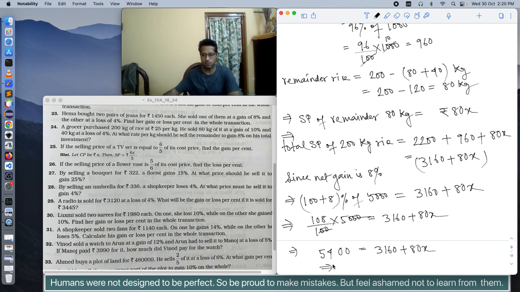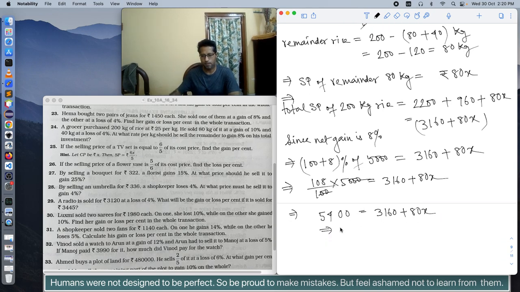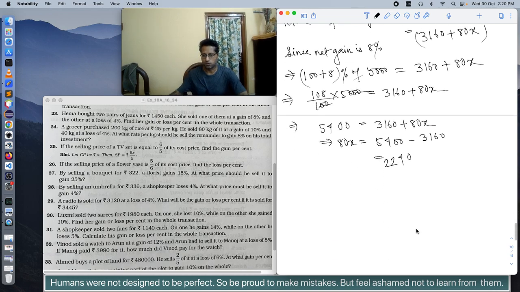So this implies 80x will be equal to 5400 minus 3160. This is equal to 2240.